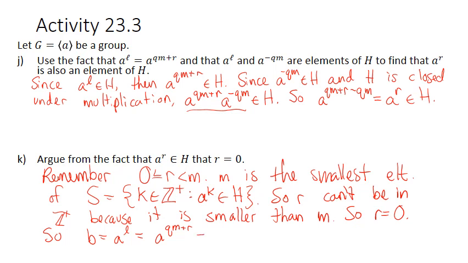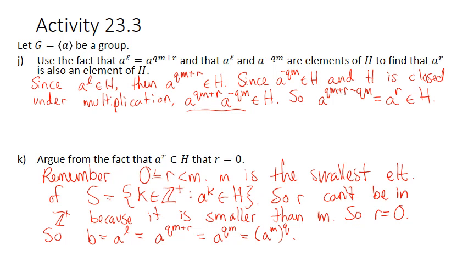Now that we know that r is 0, we just have that b is equal to a to the qm, which is going to be a to the m to the q. And remember, b was just some random element of H that we pulled out of thin air. So every random element of H is going to be equal to a to the m to the q, where m is that smallest element of S. So that is why we have proven that every subgroup of a cyclic group is cyclic.